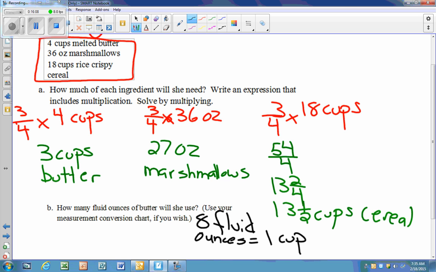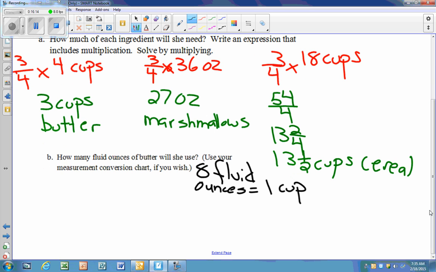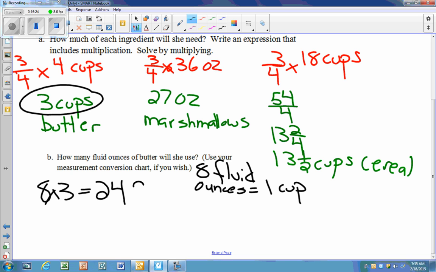Now, knowing that there's 8 fluid ounces in 1 cup, we know that we have 3 cups. So then we're going to do 8 times 3, and we know we have 24 fluid ounces.